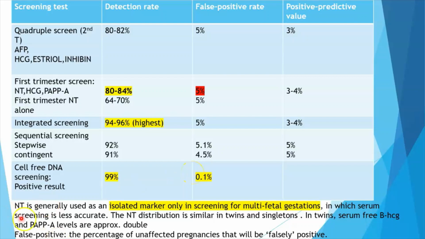Now friends, remember, NT or nuchal translucency is generally used as an isolated marker only in the screening for multifetal gestations. Why? Because serum screening is less accurate in twins. The NT distribution is similar in twins and singletons, but in twins, serum free beta HCG and PAPP-A levels are approximately double.